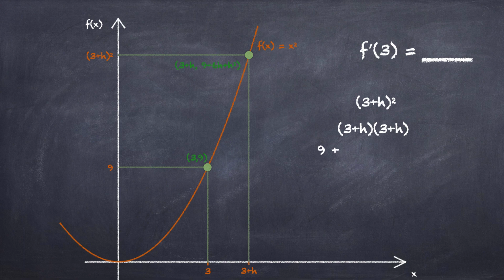Outer is going to be 3 times h, which is 3h. Inner, h times 3 is again 3h. And last, h times h is going to be h squared. Okay, let's simplify this. Let's combine like terms. 3h plus 3h is going to be 6h. So 9 plus 6h plus h squared. That's how we got that.